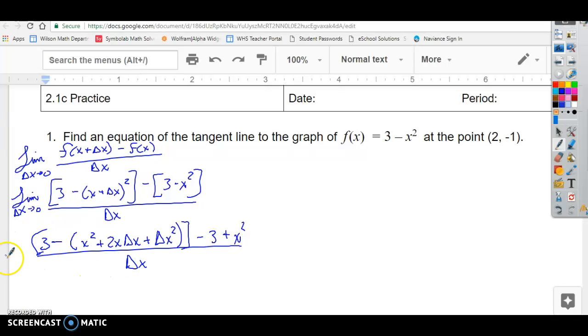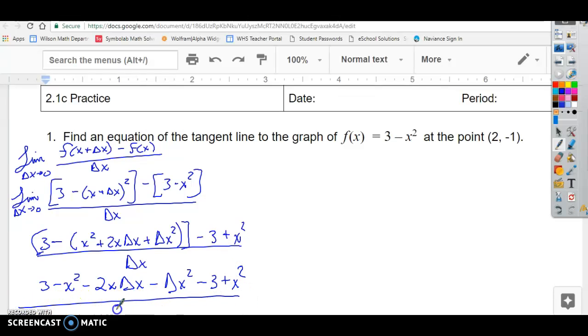Now don't forget, the limit of change of x as it goes to 0 is still here, I'm just not writing it. Now I'm going to get rid of all these parentheses, so we'll have 3 minus x squared minus 2x change of x minus delta x squared, or change of x squared. This will still be minus 3 plus x squared all over change of x.